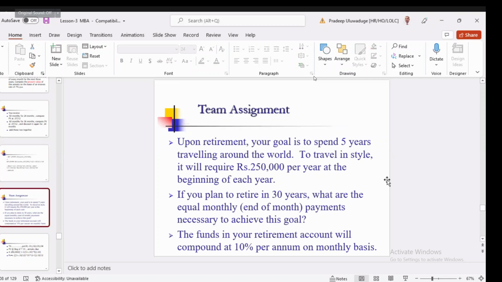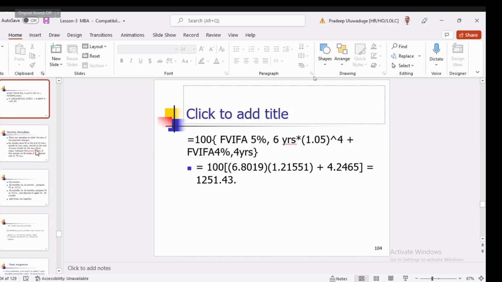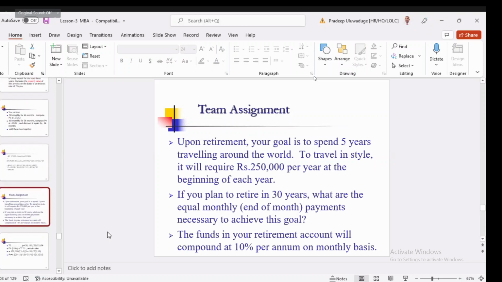If you plan to retire in 3 years, what are the equal monthly end of month payments necessary to achieve this goal? The funds in your retirement account will compound at 6% per annum on a monthly basis.